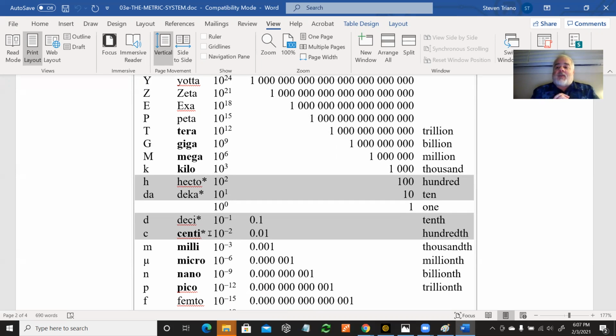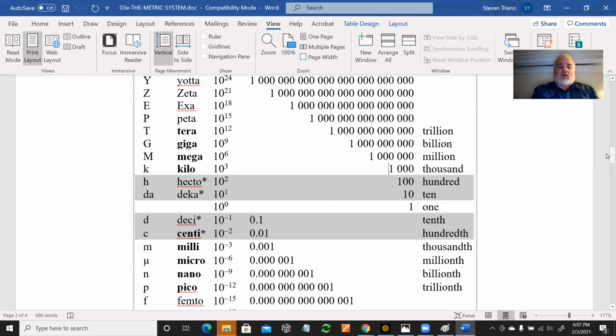I'm sure you dealt with centimeters in grade school and in high school. But other than centimeters, I've never used centi ever on anything else. Never centiliters, never centigrams. It's only centimeters. That's the only time I've ever used it. Hecto, deca, and deci. The only times I've ever used those in my life is on a metric exam in a class. We don't use them.